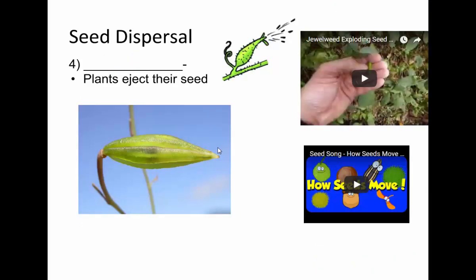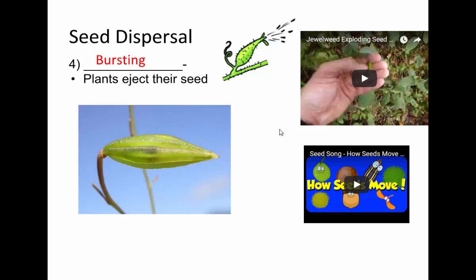One cool way, and you can find these around here in wet areas, is this plant sometimes called a touch-me-not or jewelweed. Once they're pollinated, the flowers mature into this sort of closed up pod. Once it's mature, if you touch it, if the wind blows on it, or if an animal brushes against it, it's spring-loaded, and it basically explodes and sends the seeds flying outward.